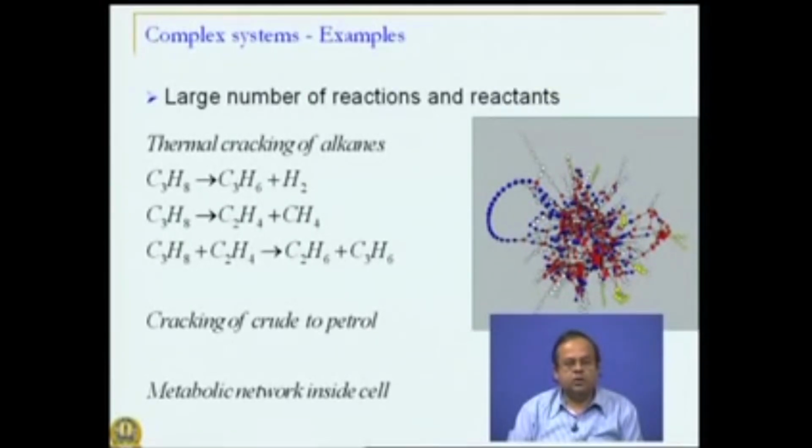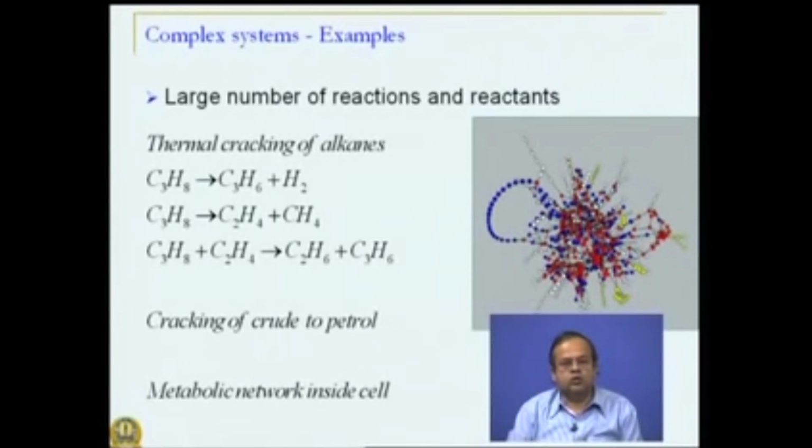The second example I would like to focus on is cracking of crude oil to petrol. Now, this example is quite unique in the sense that when we talk about crude oil to petrol, we really do not know the chemical formula for crude oil or for petrol.